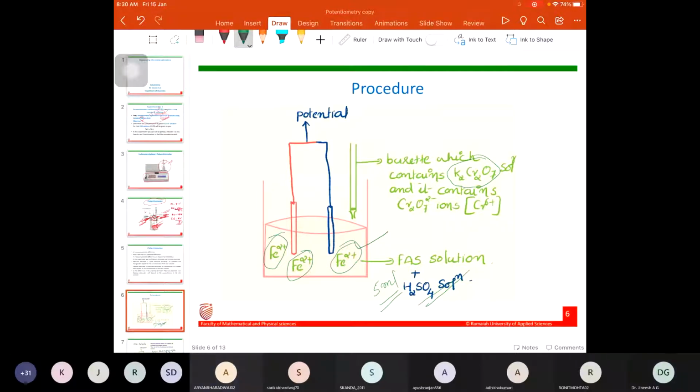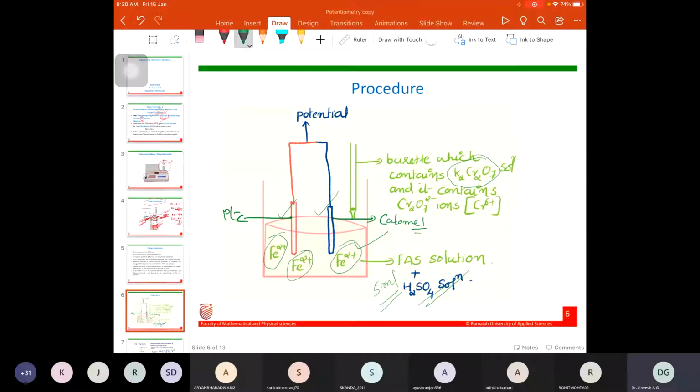No, sir. Okay. Into that beaker, we have to put our electrodes. One platinum electrode, one reference electrode. So we have put one platinum electrode and one reference electrode, which is calomel electrode.